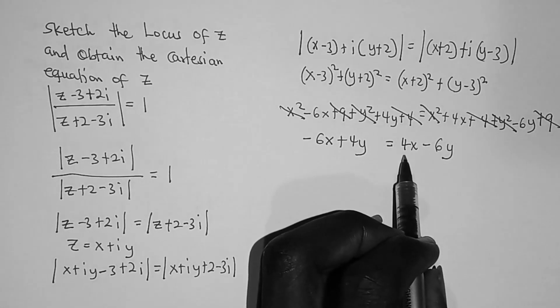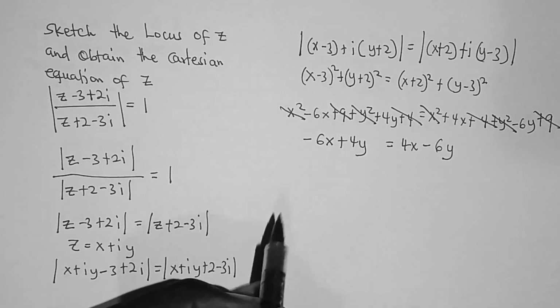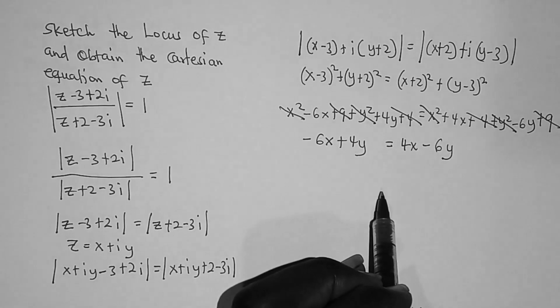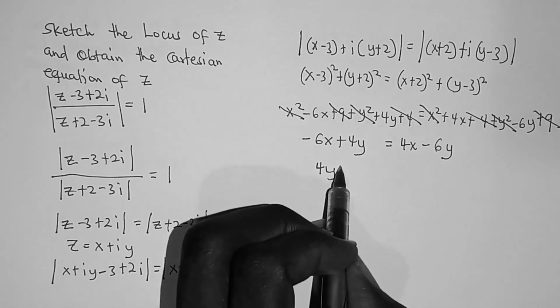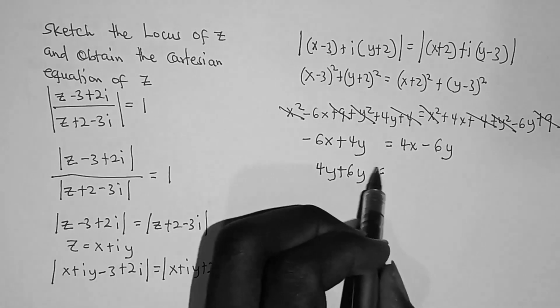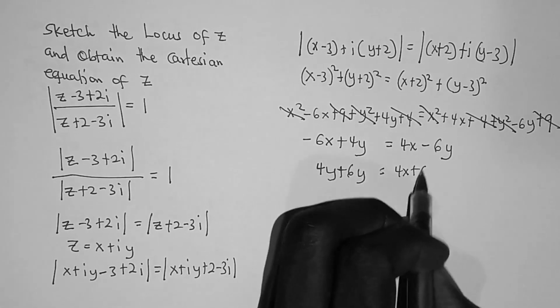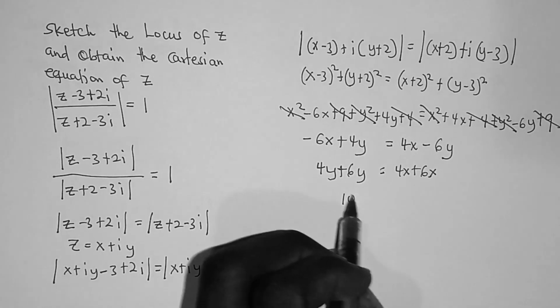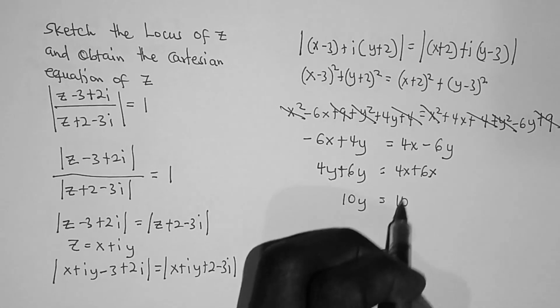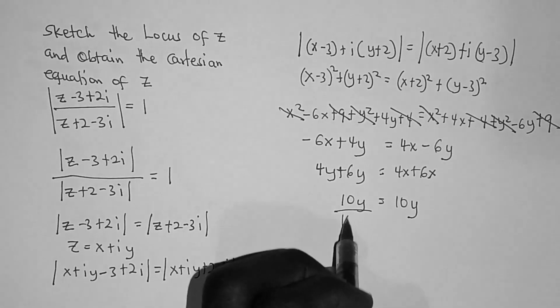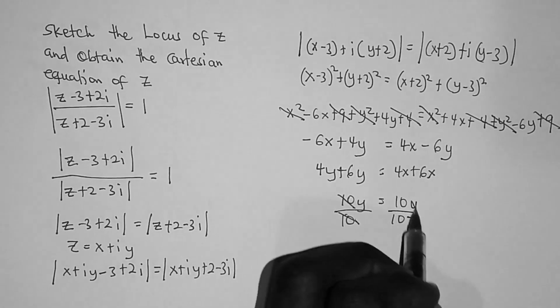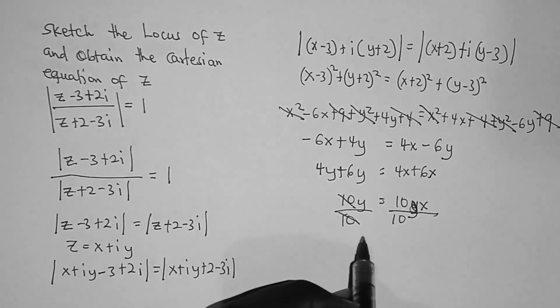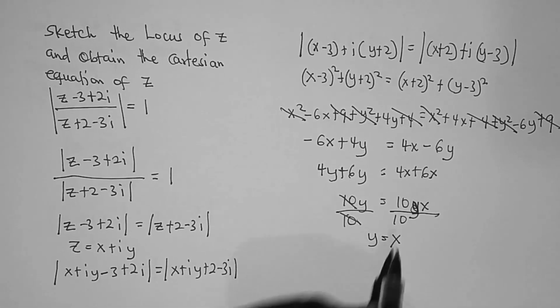So let's take the x to the right hand side and the y to the left hand side. We get 4y plus 6y is equal to 4x plus 6x. So 10y is equal to 10x. If we divide through by 10, we find out that y is equal to x.